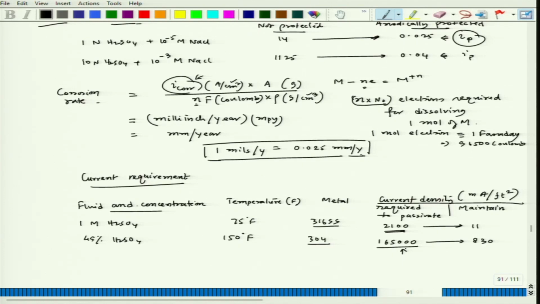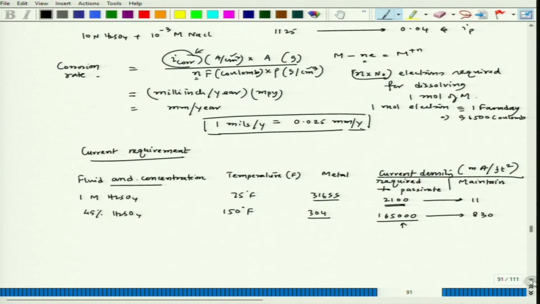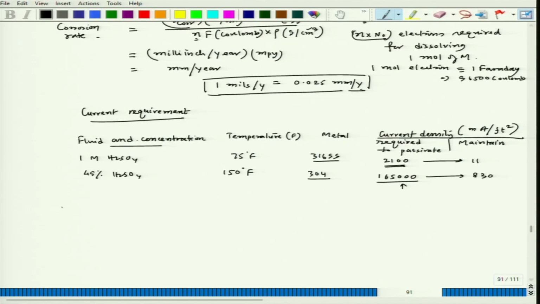Now, let us talk about some other acids, or let us say a base. Let us consider NaOH, 20% NaOH. Temperature is 75 degrees Fahrenheit, and we are talking about 304 SS. These are all stainless steel.